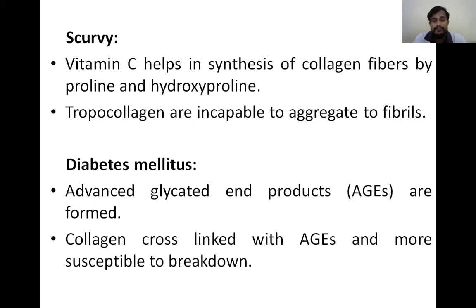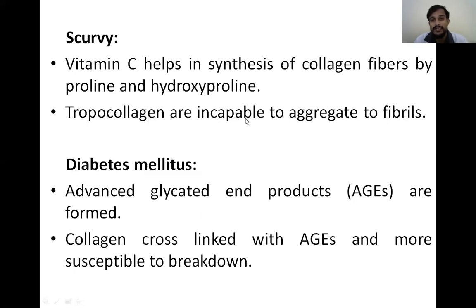Coming to scurvy and diabetes mellitus, there is a relation between extracellular matrix defects and these conditions. In scurvy, we know there is vitamin C deficiency. Vitamin C is required for the synthesis of collagen; proline and hydroxyproline are formed with the help of vitamin C. So when there is vitamin C deficiency, there is defect in the formation of collagen fibers.